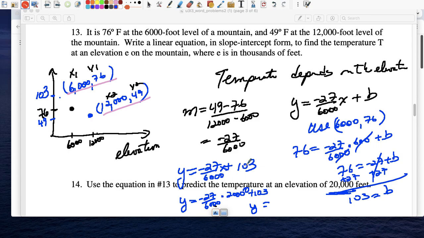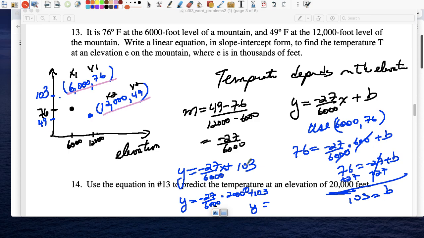Sorry guys, there's something wrong here. Negative fraction 27 over 6,000 times what?